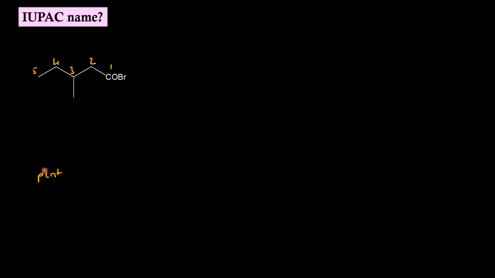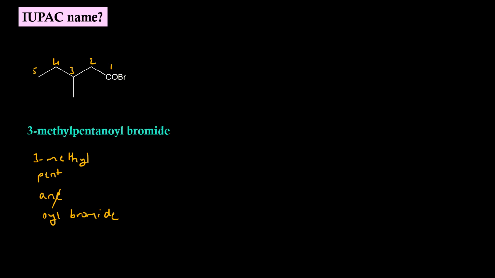So the secondary prefix is 3-methyl. Primary suffix is ane. Secondary suffix is oyl bromide. And E of the primary suffix has to be dropped. IUPAC name will be 3-methyl pentanoyl bromide.